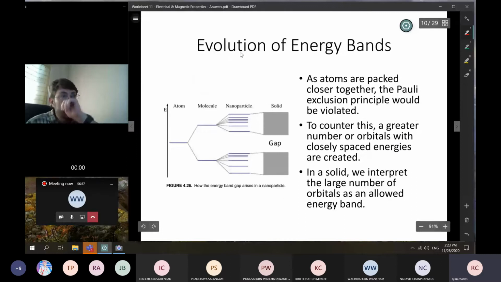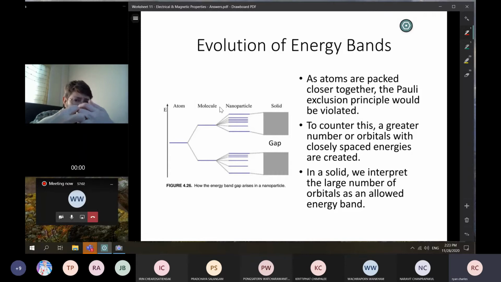All right. So, evolution of energy bands. How the energy band gap arises in a nanoparticle. Energy level. We have an atom, and we have one band here an electron can occupy. And then we make a molecule. We take two atoms and stick them together.